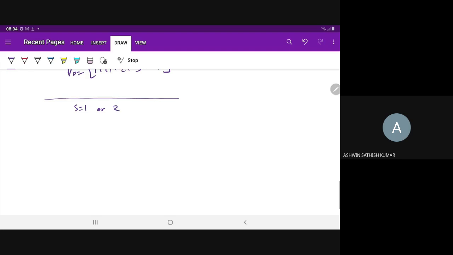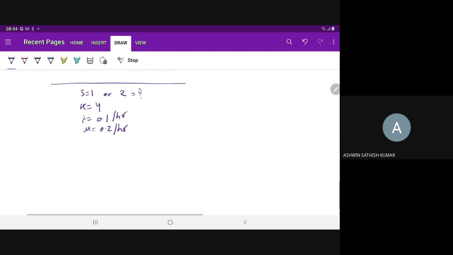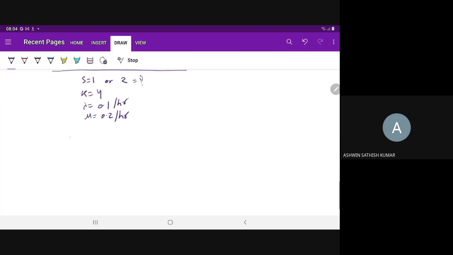There are 4 machines, meaning K is equal to 4. Lambda is given as 0.1 per hour, and mu is given as 0.2 per hour. This information we have. Now we have to decide whether S is equal to 1 or S is equal to 2. So first we draw the transition diagram.